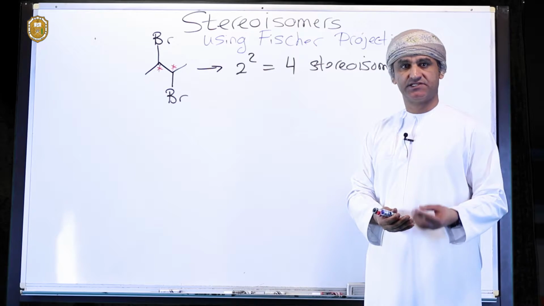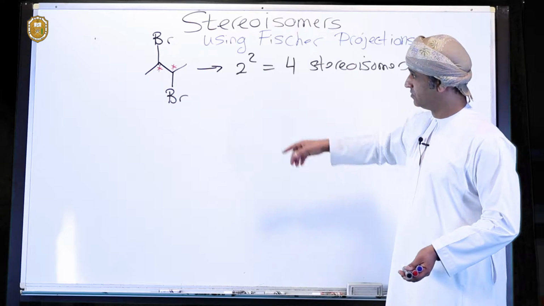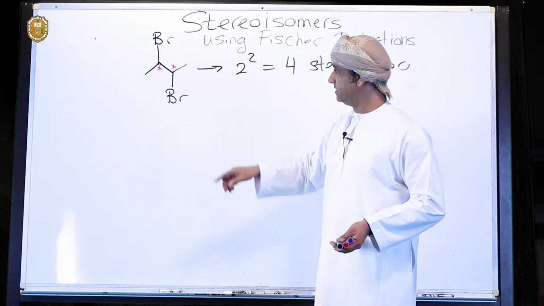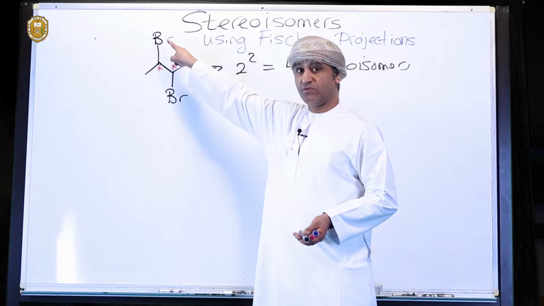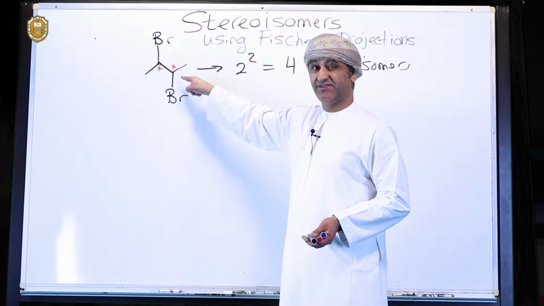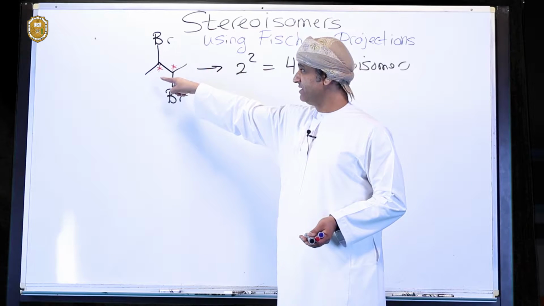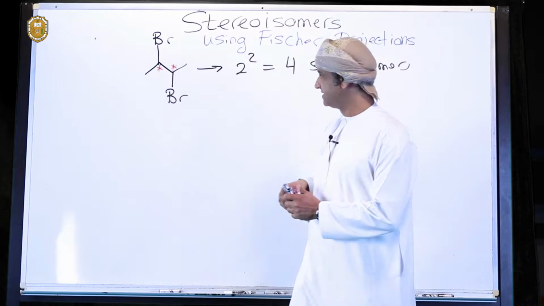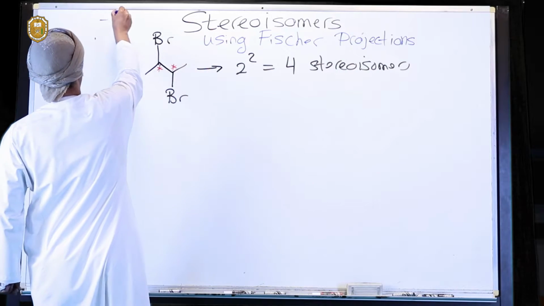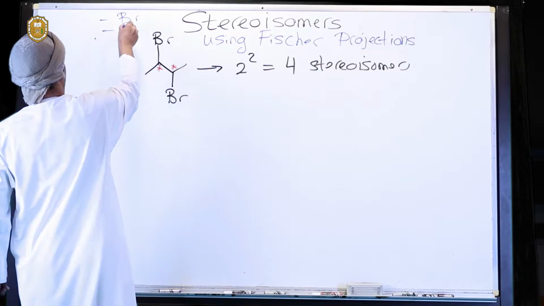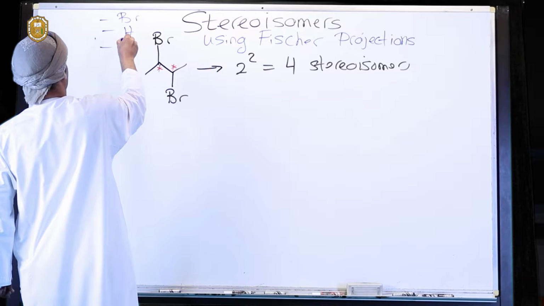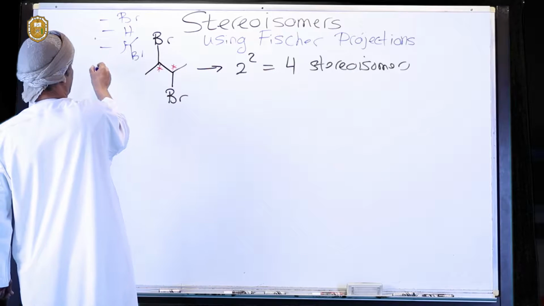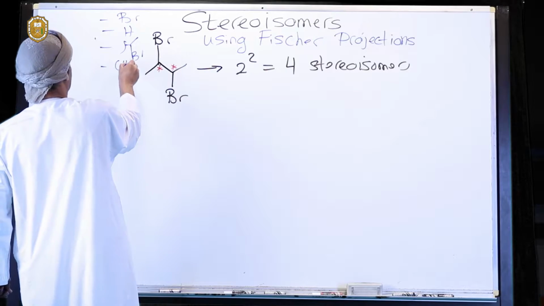But before that, it's very important to note that the two chiral centers are actually identically substituted, which means this carbon has the bromo group, hydrogen, bromoethyl and methyl, and the other one has the same groups. So each of them has Br, hydrogen, bromoethyl, and of course methyl.